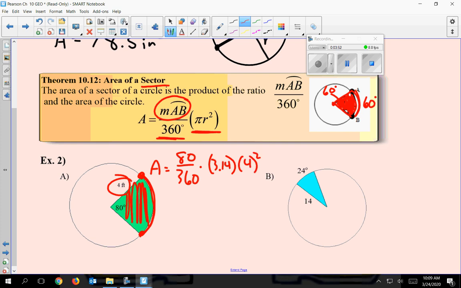Okay, I'm going to go ahead and multiply that all up, and like I said before, this fraction, I just tend to reduce it. You could turn it into a decimal, whatever you like to do. I reduce it down to 2/9, and then I multiply this all up out here. It's 16 times pi, which gives me something around 50.24.